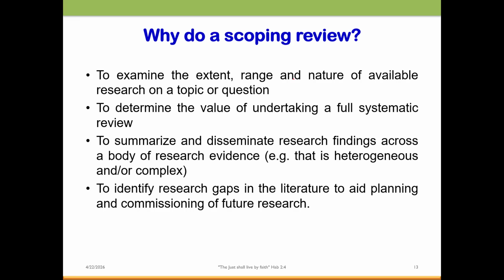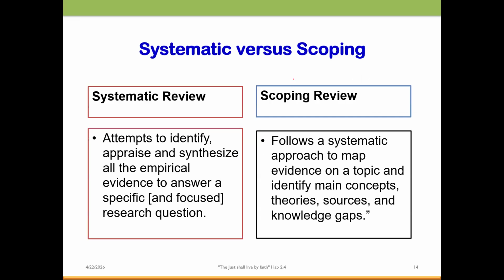If you want to summarize and disseminate research findings across the body of research evidence, you can also carry out a scoping review. And if you want to identify research gaps in the literature to aid planning and commissioning of future research, you can also carry out a scoping review.